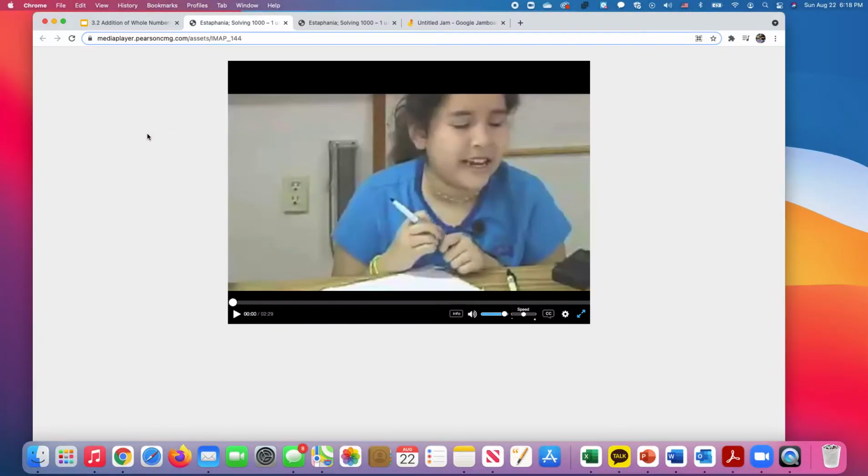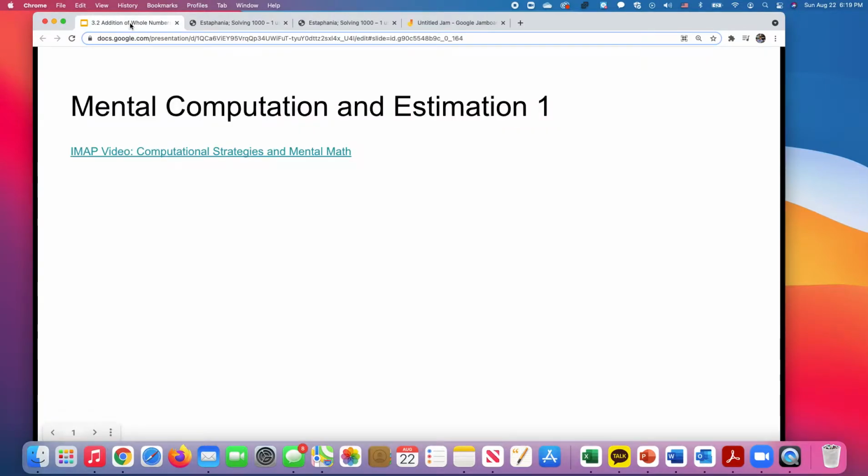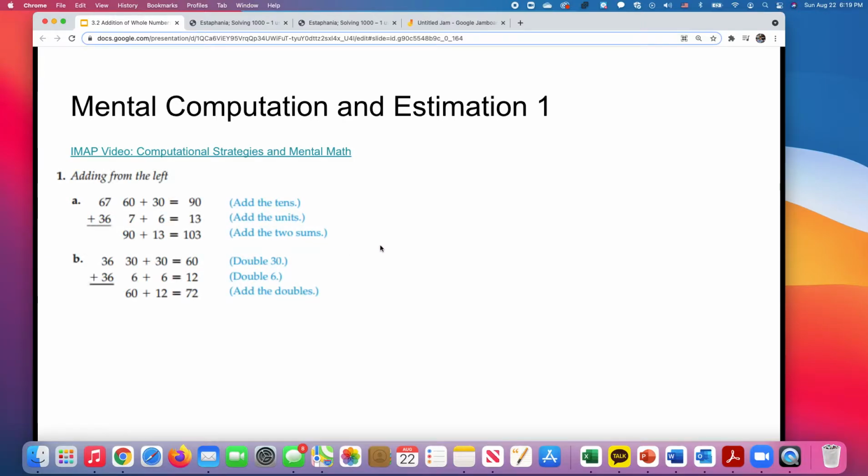Okay, so what's your reflection on this video? The student admitted that doing it in her head was so much easier. So we get to know mental math is very important, right? Okay, so there are some strategies that you can use to do better on mental computation.